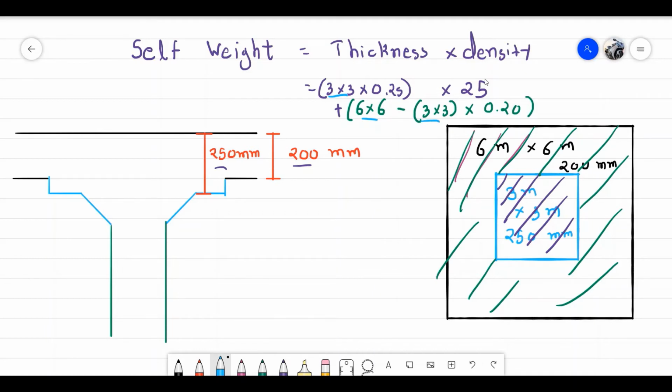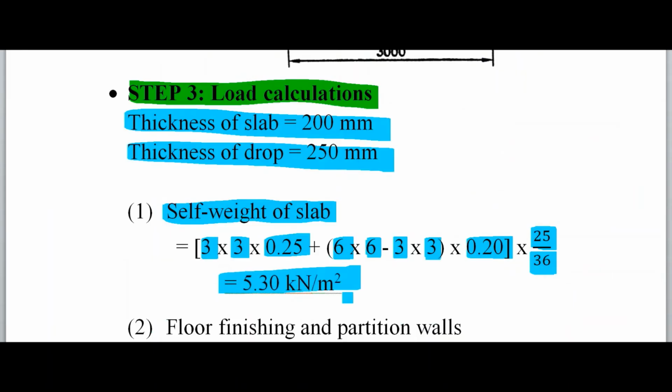So what we do, 25 divided by 36, the 6 by 6 meter area. First we do thickness into area into density, then again divide by area. This is the equation of self weight, and we found the value is 5.30 kilonewton per meter square.